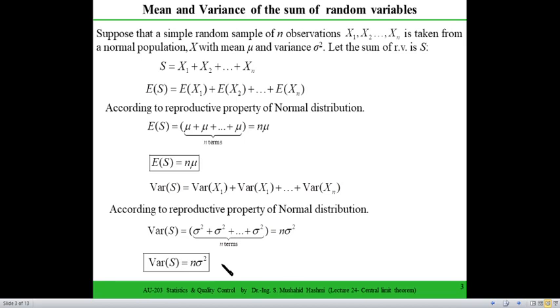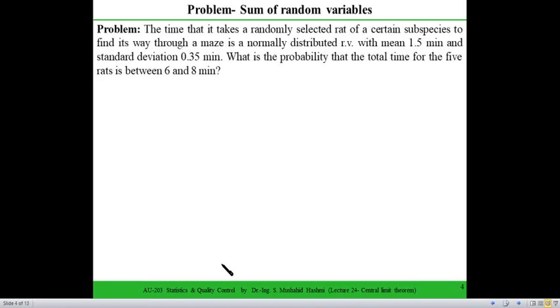These are the mean and the variance when you are dealing with the sum of random variables, where all the observations have been sampled from a normal population. Now let's see a problem related to the sum of random variables.